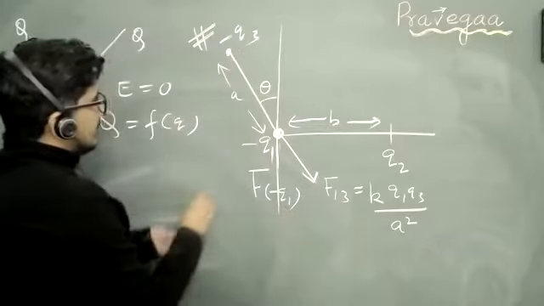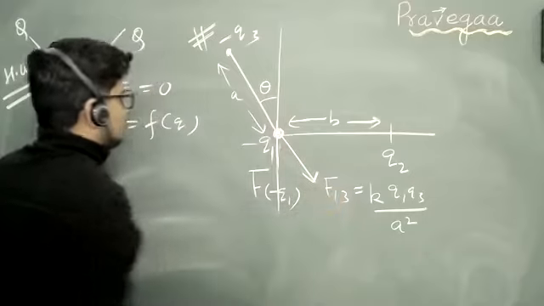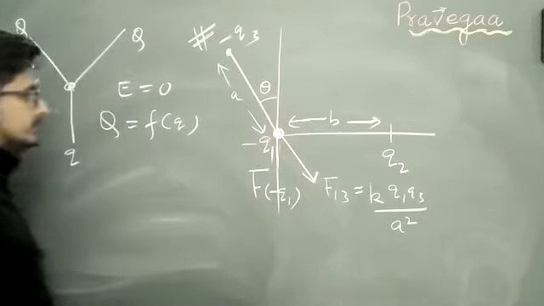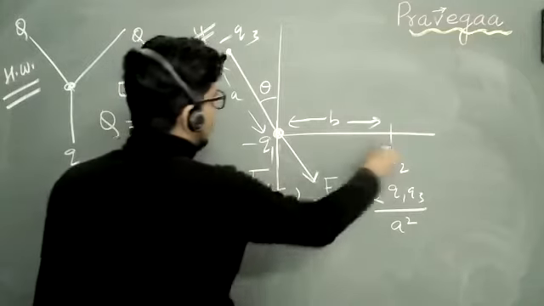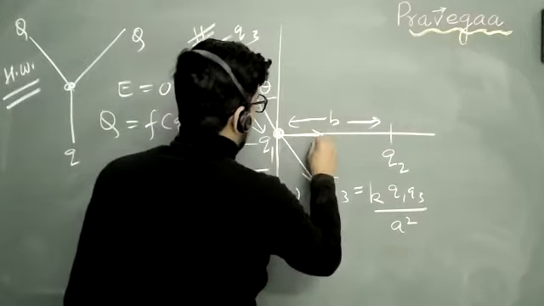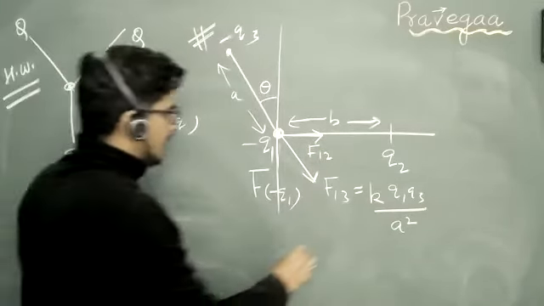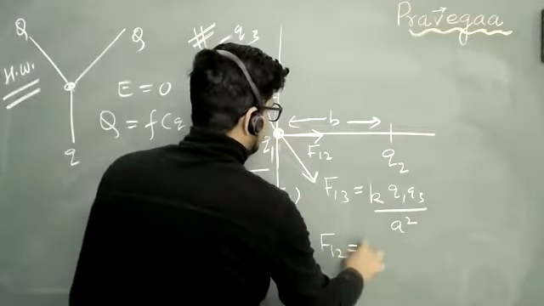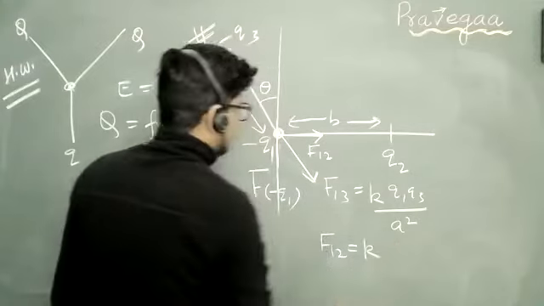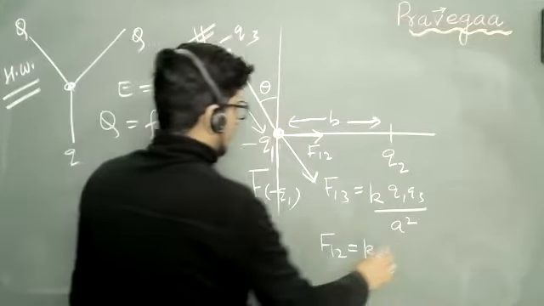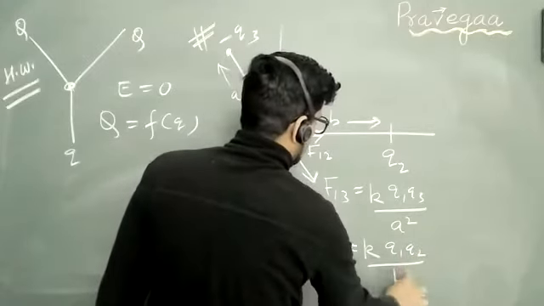And please see, apart from the signs, which direction this charge is going. It will repel along the line. And because of this Q2, it will be attracted. So force on 1 due to 2 will be in this direction. And what will be its value? Tell me. K Q1 Q2 divided by B square.